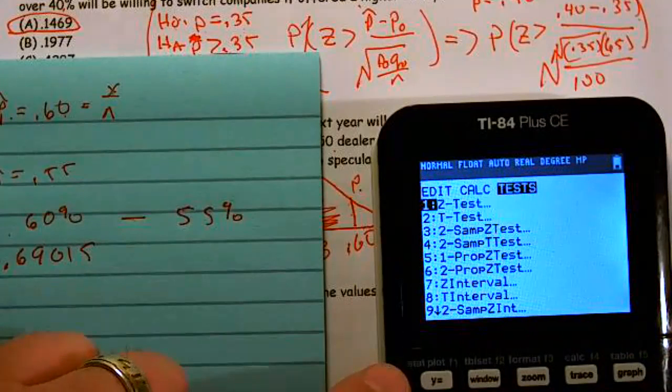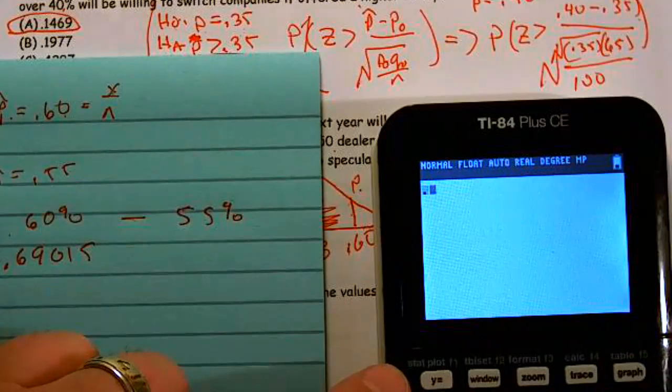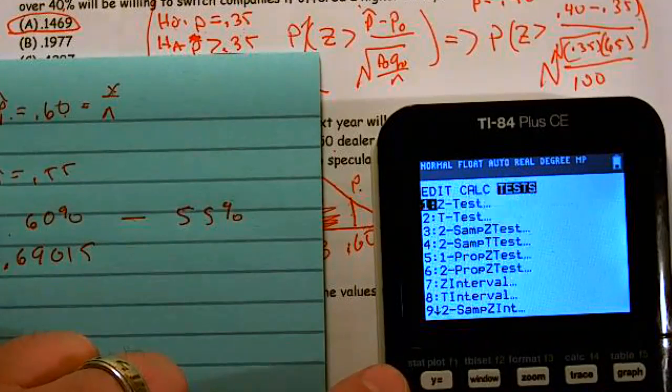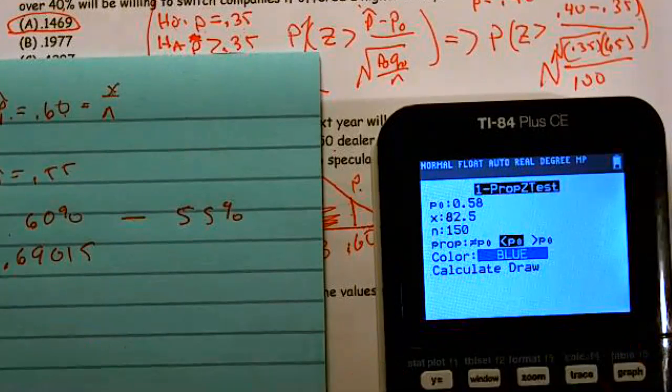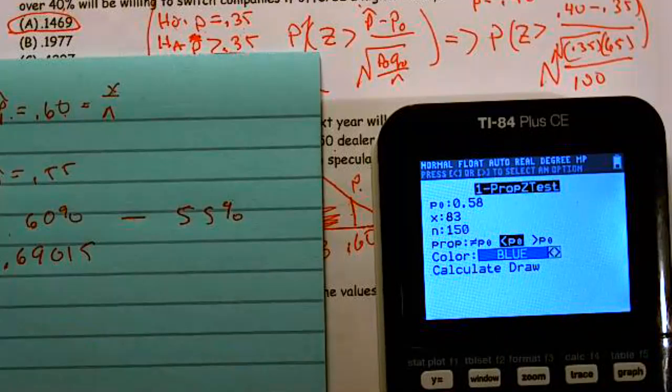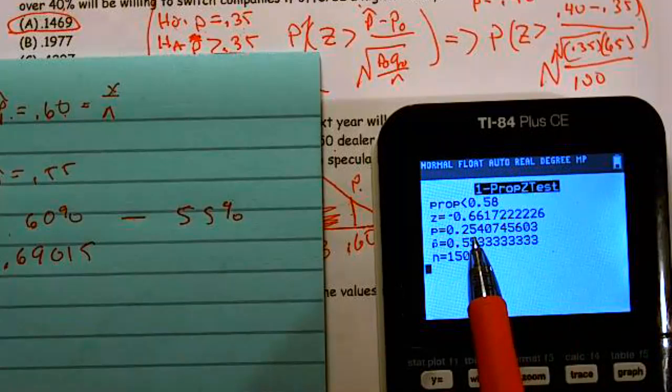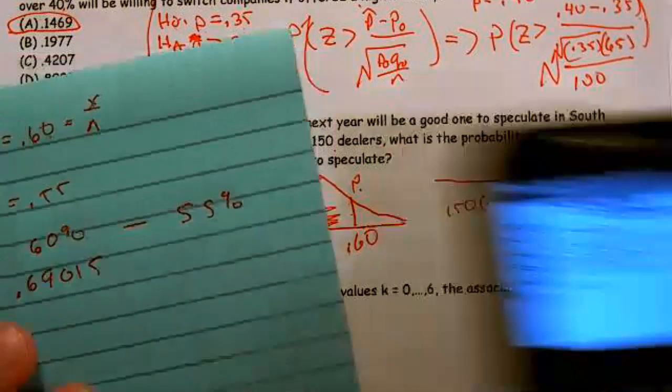That's always disturbing when that happens. 0.55 times 150. Oh, that's why it happened. Stat test, one proportion z test. So I got an 82.5. That's not going to work. 82.5, normally I'd round up, so I'm going to round up to 83. This means I'm going to have a little bit of error in my problem, but that's okay. And I end up getting a p-value of 0.254.